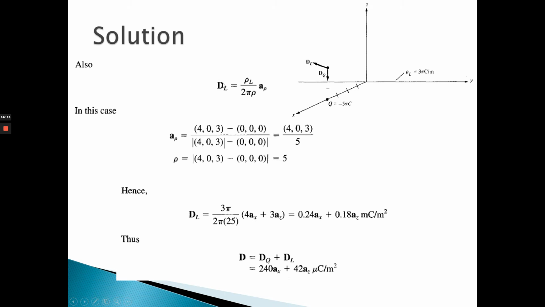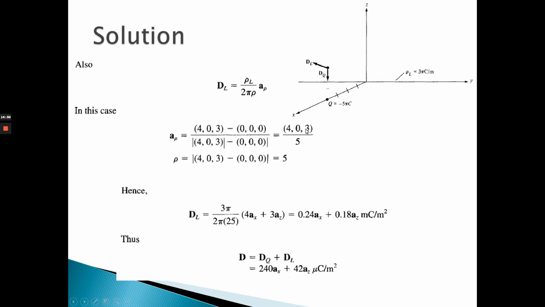So dL means we know rho L times 2 pi rho. In a very similar way to what we have done previously, we find a rho, which is rho divided by the modulus of rho.